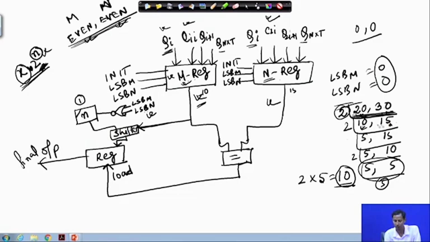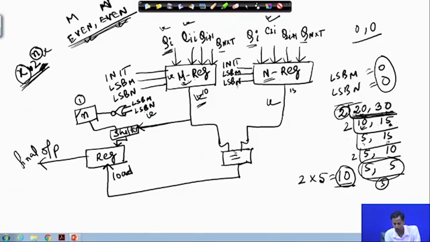Again, for this 10 and 15 case, for 0 and 1, it will divide m by 2, making it 5, and n will remain the same. Then in the next cycle it finds that it is 1 and 1, that means both are odd, so this will not change.